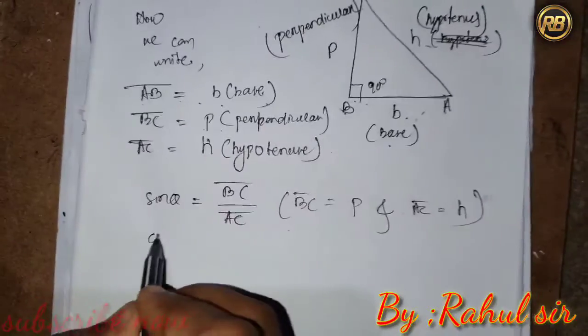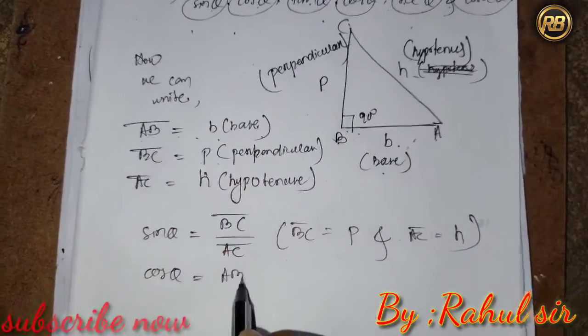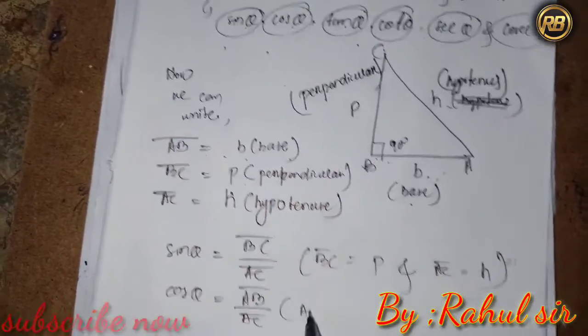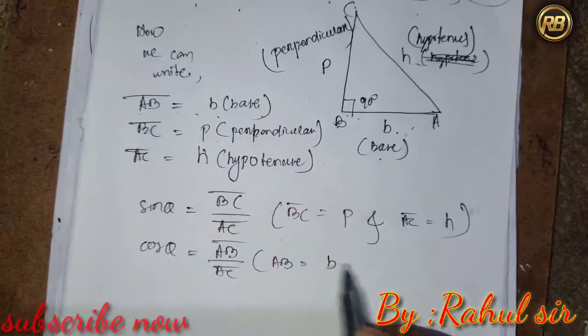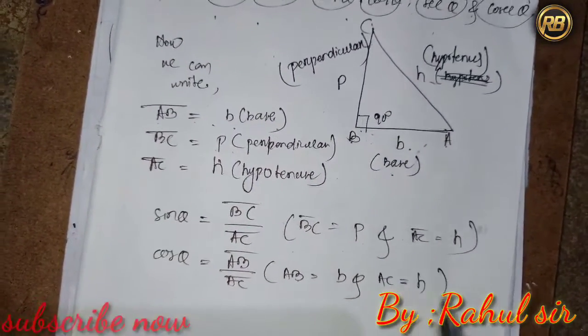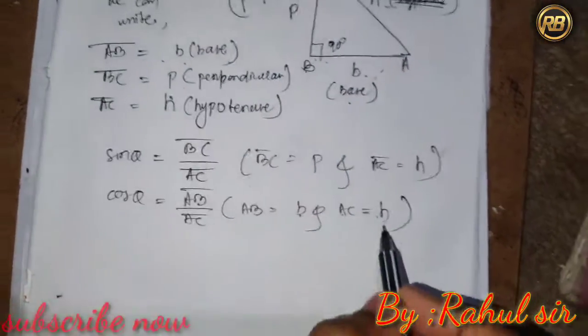Then you can write cos theta is equal to AB by AC, where AB equals B and AC equals H, B for base and H for hypotenuse.